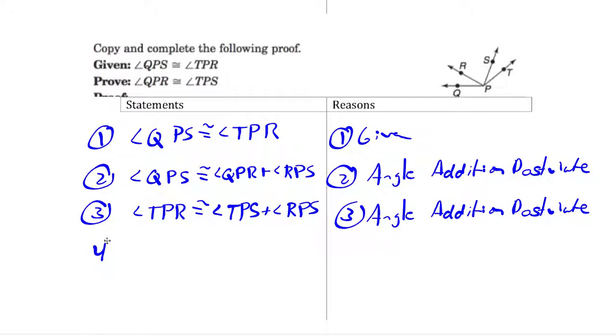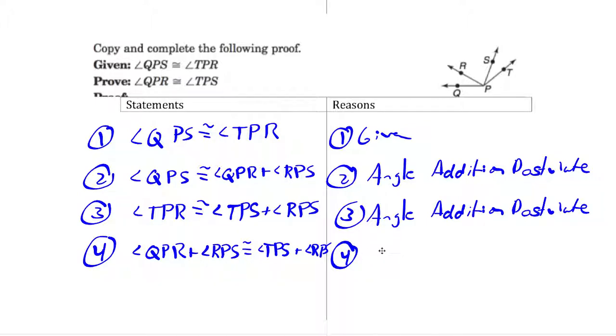And so for 4, because we know that QPS and TPR are congruent, we can say that angle QPR plus angle RPS is congruent to angle TPS plus angle RPS. And that's just substitution.